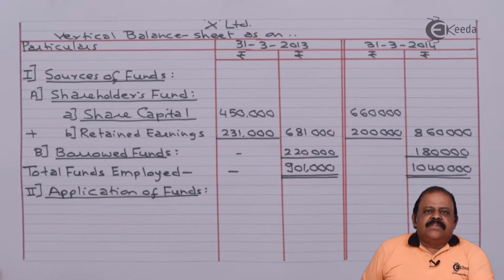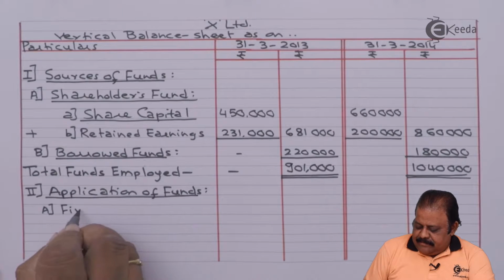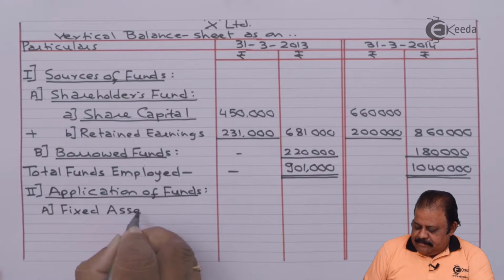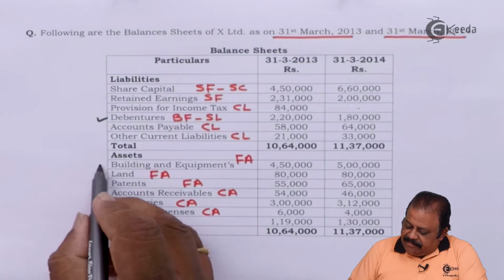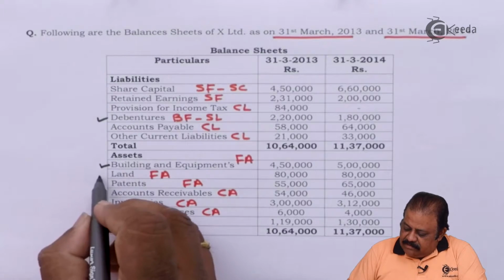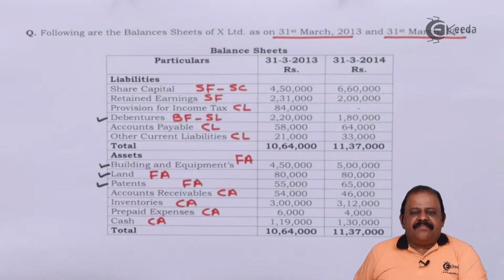In application of funds, the first item is fixed assets. We have here fixed assets: building and equipments, land, and patents. These are the three fixed assets we have.